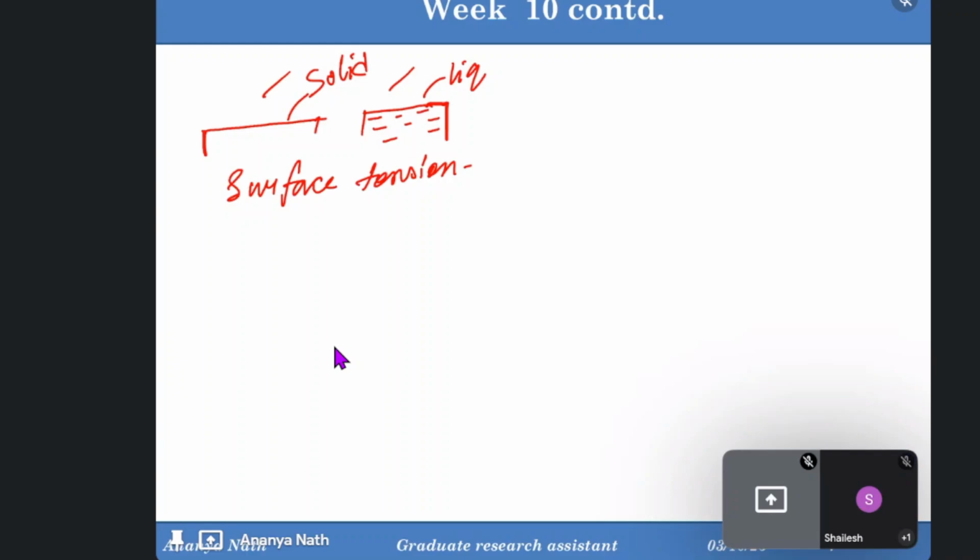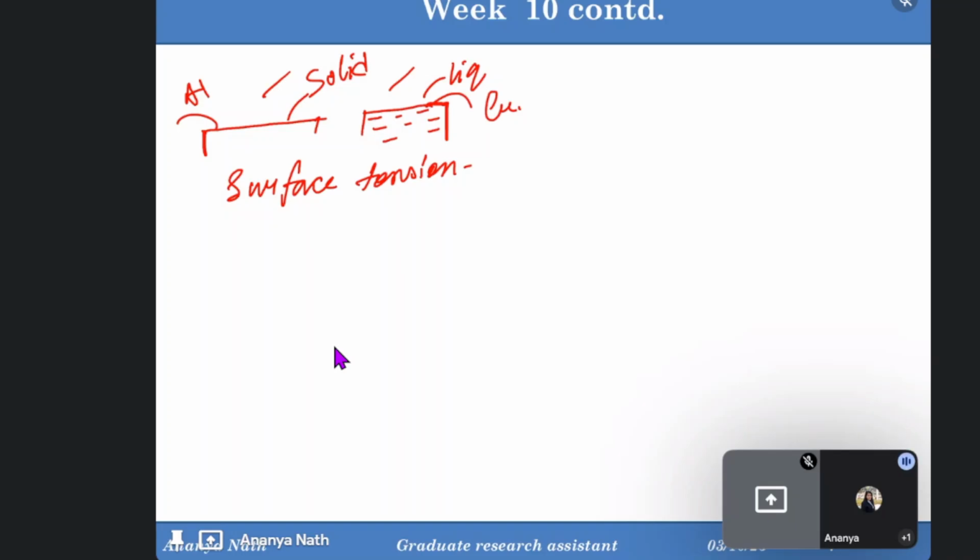So first of all, you cannot directly comment on the surface tension like that. First of all, you should have asked me this question: which type of material I am considering? Because surface tension is a material property. It will differ from one material to another material. If this is a solid of aluminium and if this is a liquid of copper, then both will have a huge difference in the surface tension.